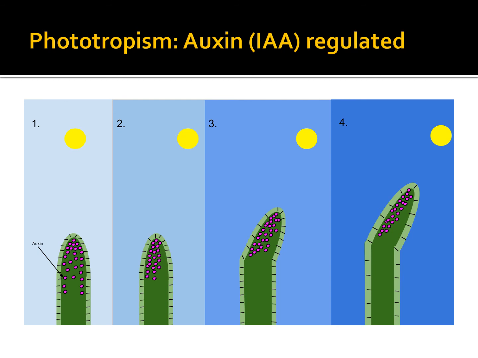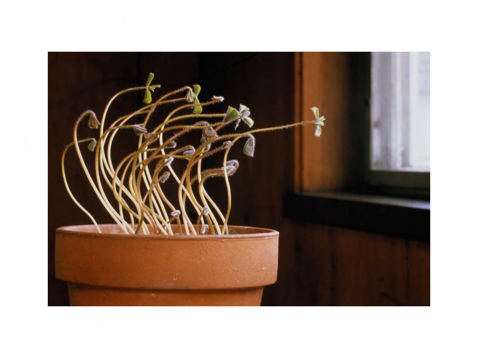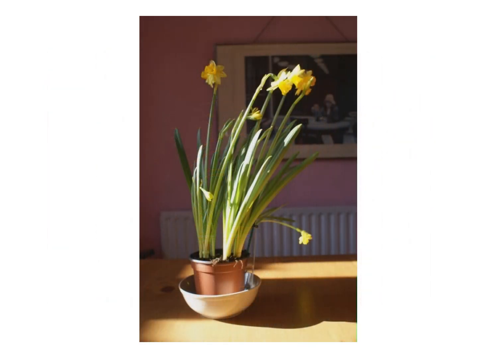So here are some pictures of plants showing phototropism. You can see how this plant is definitely bending towards the window, which is the source of light. And the same with these daffodils.